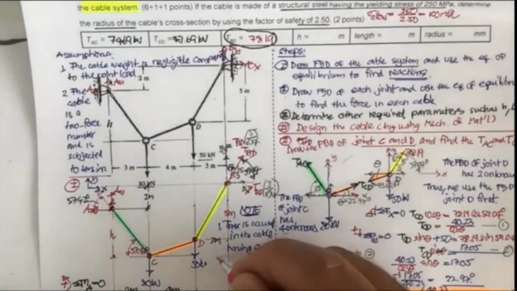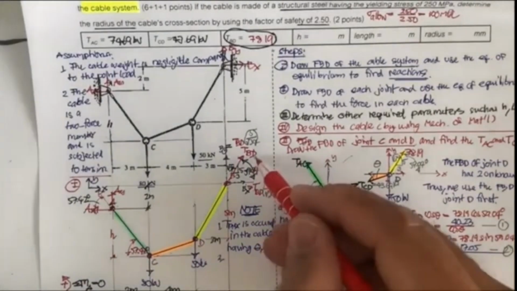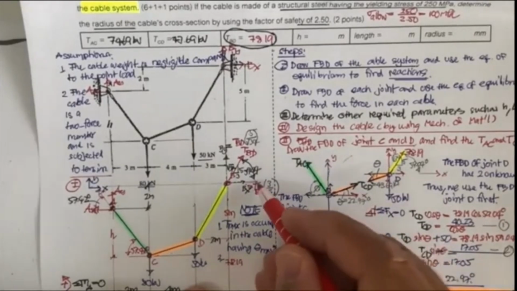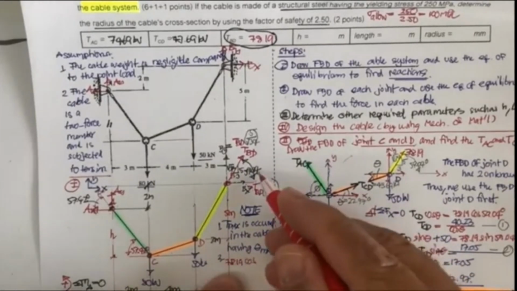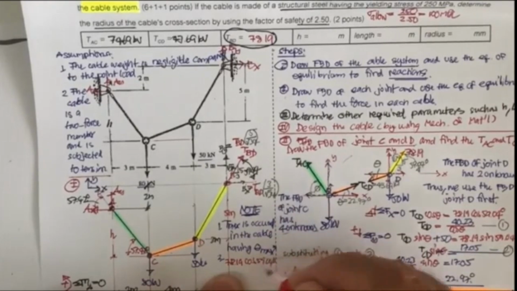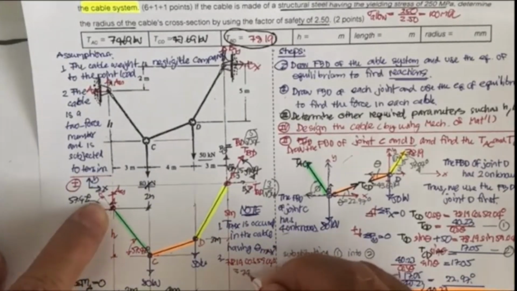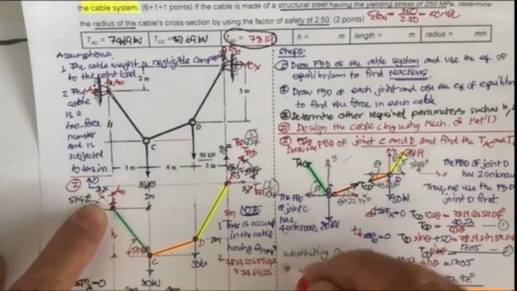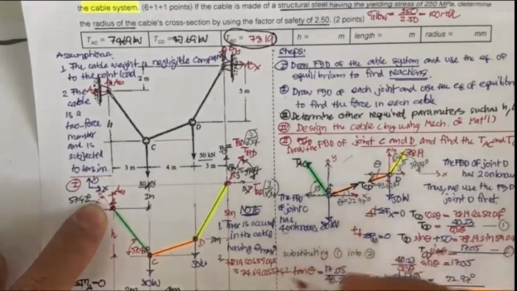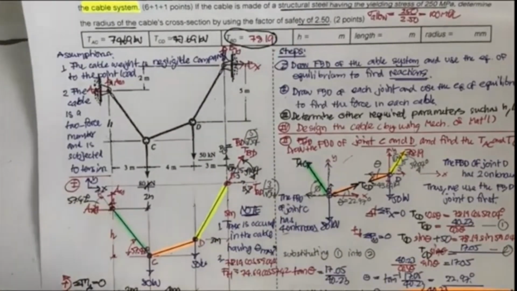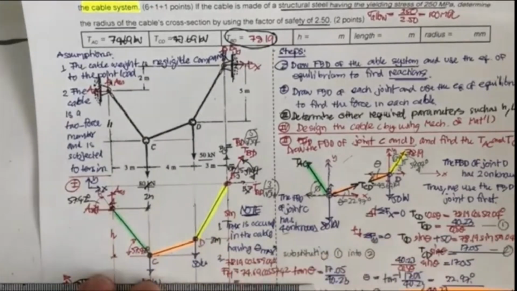And the second, if you do T sub BD, 78.19 cosine 59.04 is going to be equal to T sub AC, which is 74.69 cosine 57.42. This is going to be the horizontal force, okay, and they are equal.